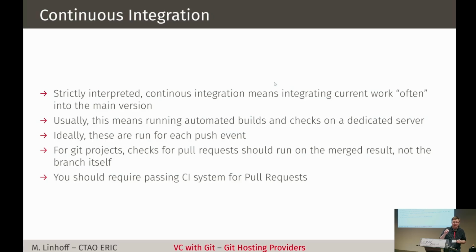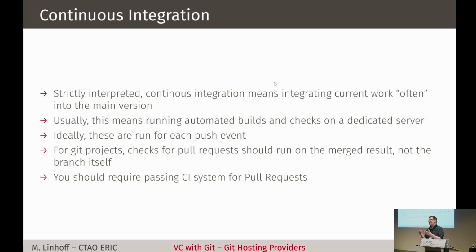And one specific distinction is that if you have merge requests, you should check that your CI system doesn't just run on the branch you are merging, but on the merged result. Because there might be merge conflicts, and there are merge conflicts that Git will just see, right? That directly conflict because you edited the same lines, and then it will fail.